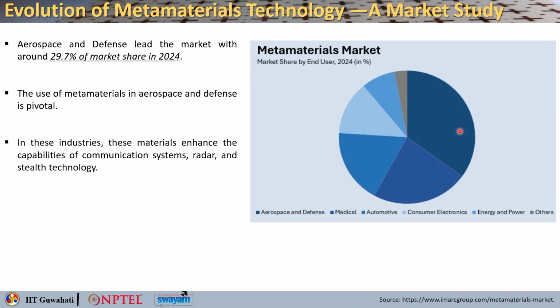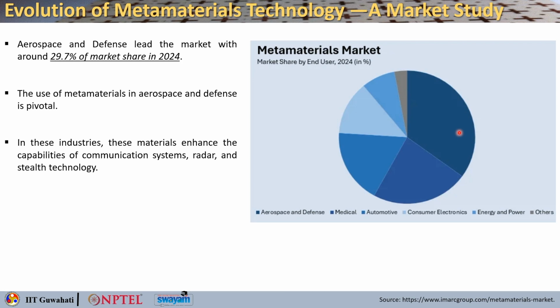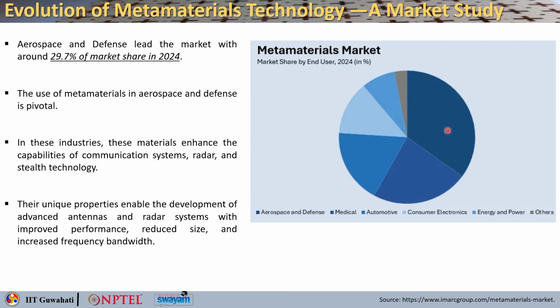Metamaterials can be used to enhance the capability of communication systems and radar, and also make stealth technology feasible. Their unique properties enable the development of advanced antennas and radar systems with improved performance, reduced size, and increased frequency bandwidth.